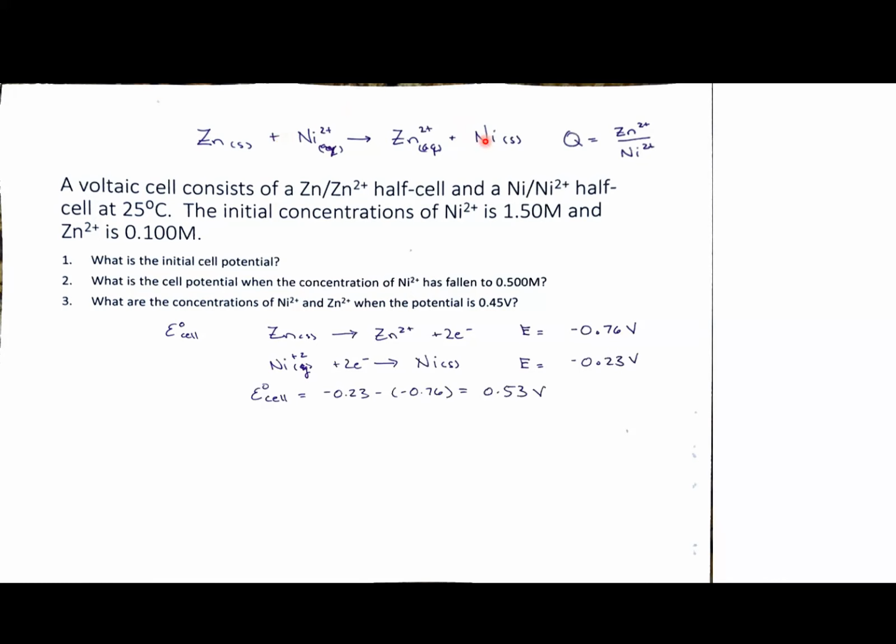If you had done it in reverse, these two things would be reversed, and this would be a negative number. And if that's the case, it's not spontaneous. So looking at the reduction potentials is what helps you figure out which way this is going to go. So I looked at the reduction potentials, and then I wrote this equation based on that.